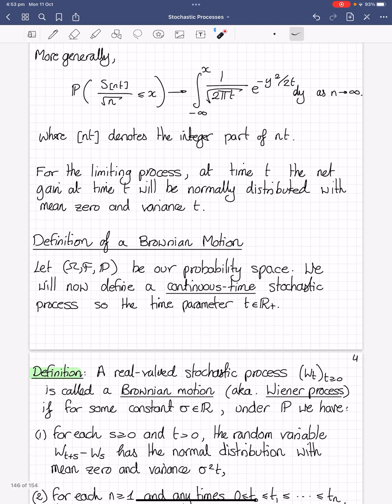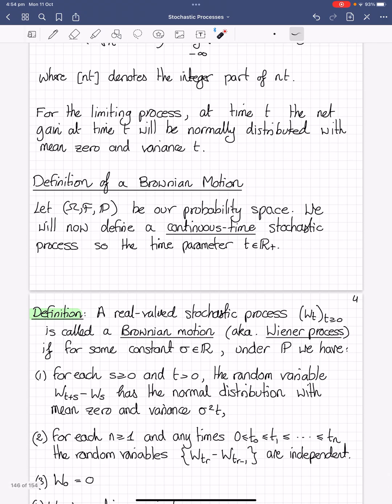But for this week, we can just take the viewpoint that we define a Brownian motion, and we don't need to construct it. Next week I'll show you that, given that definition, we can actually prove that such a process does exist.